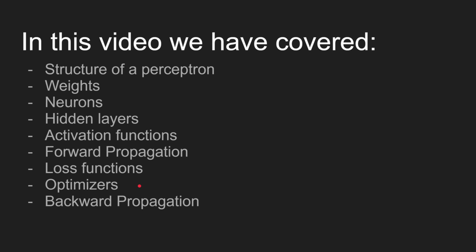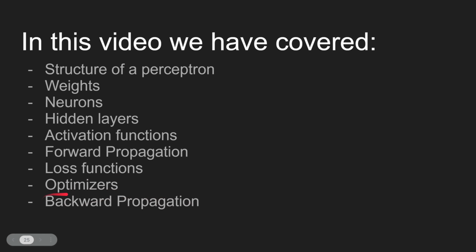And they're really powerful, but typically Adam is the most used one, and I think I would discuss Adam in a future video as well. It's really important to know. And finally, we covered backward propagation, which is basically updating our weights through the usage of optimizers, right?